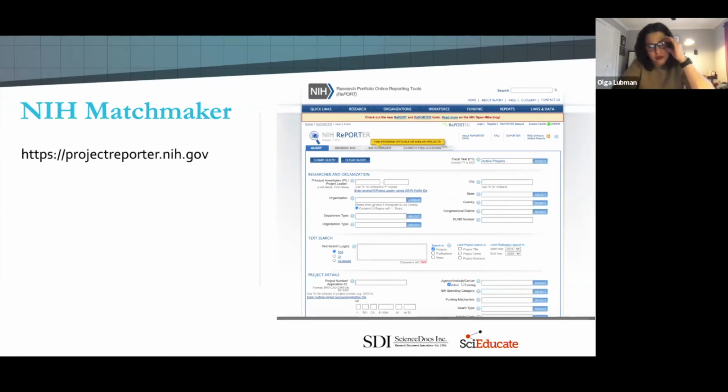Once you do that, you can also tell which institute funds these proposals. And so you can then look at the strategic plan of that institute and aim your proposal at that institute.